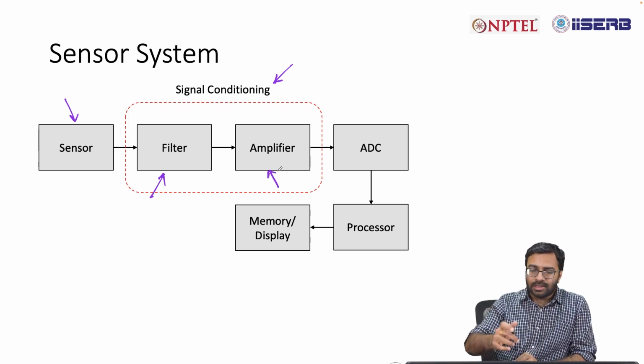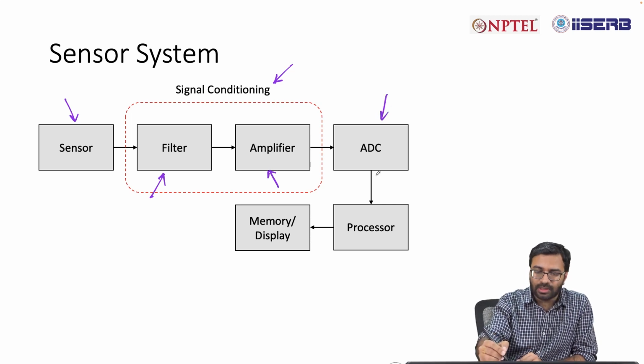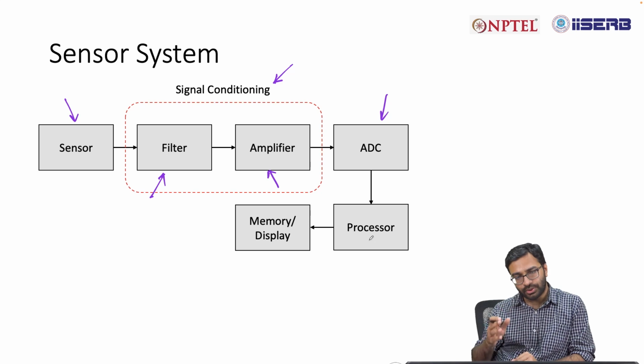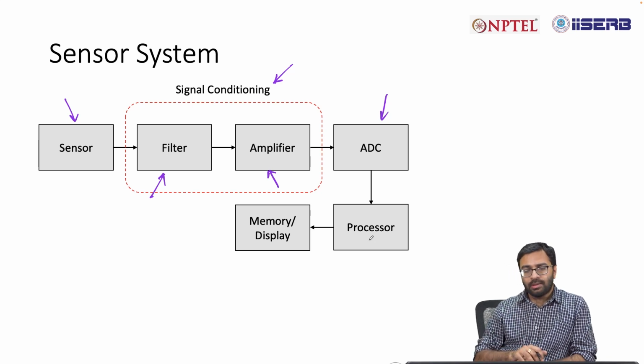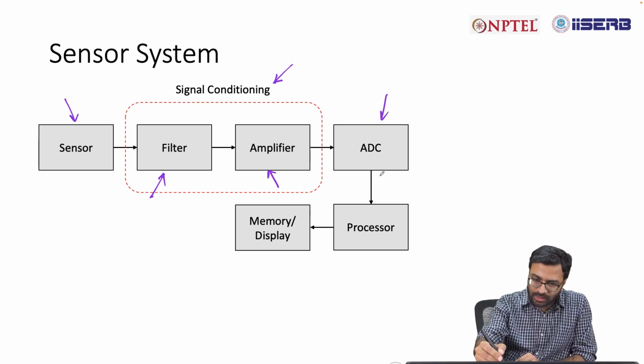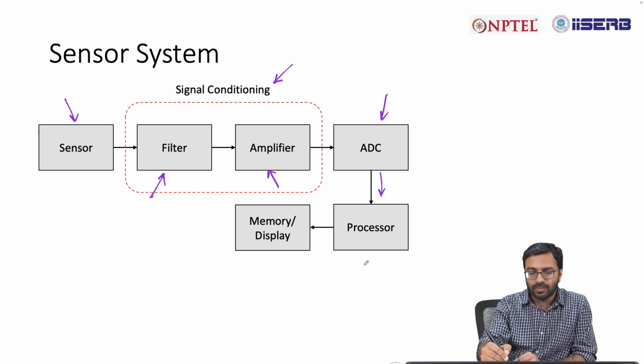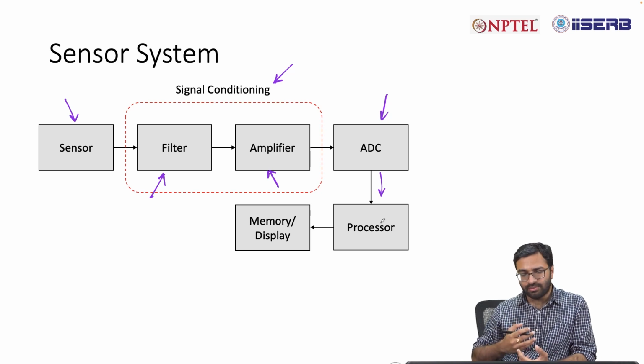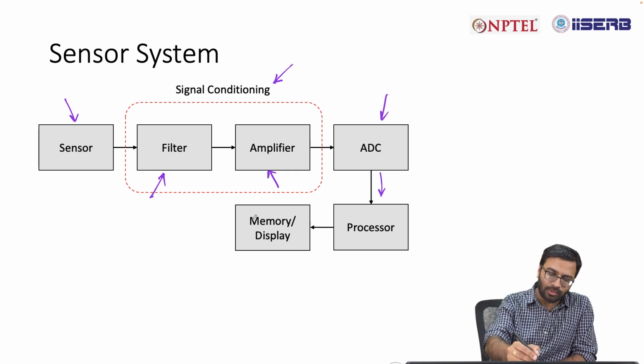Then it is connected to an analog to digital converter, which converts the analog signal to a digital one. Then the output of analog to digital converter is sent to a processor. So a microprocessor takes a decision based on the signal that it receives from the ADC, and then the processor sends the data to a memory or a display.